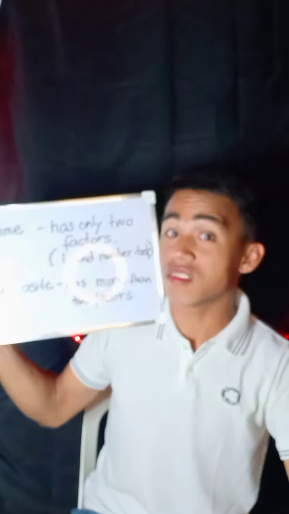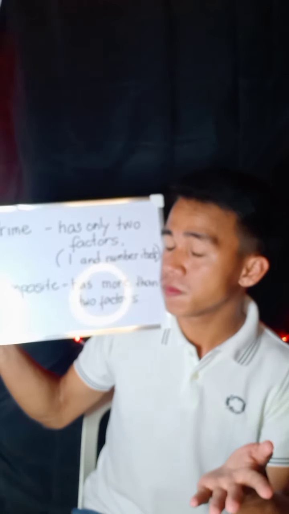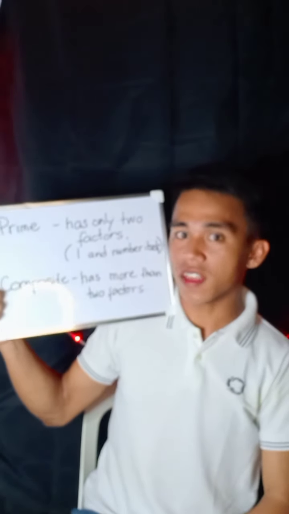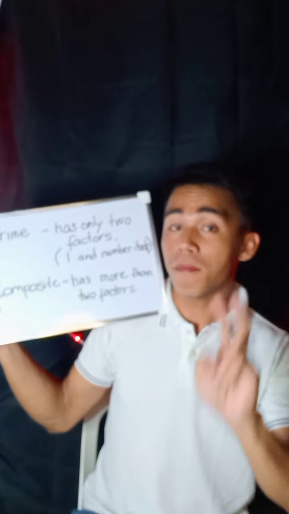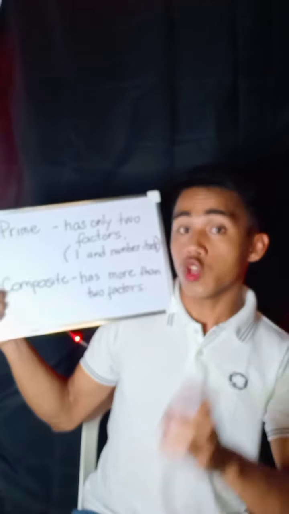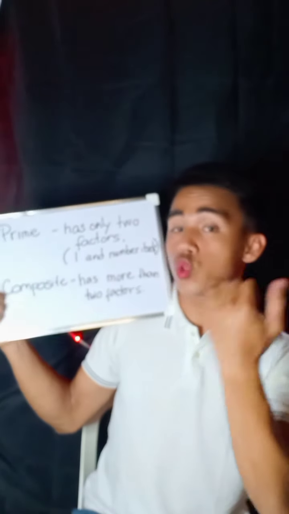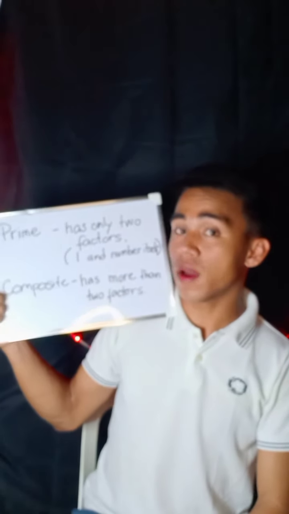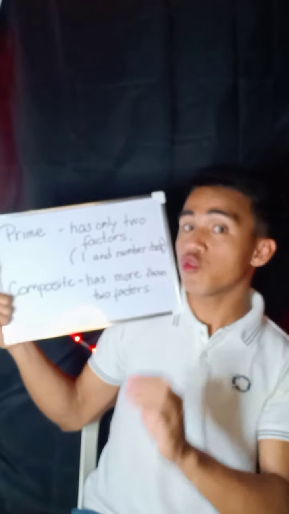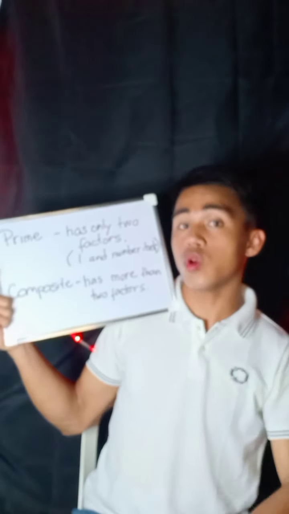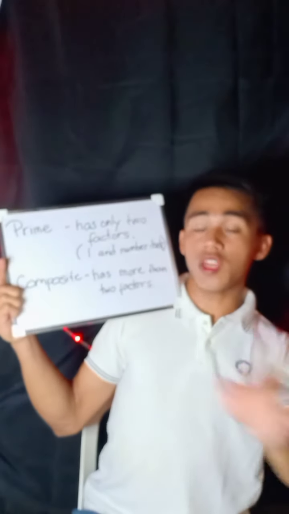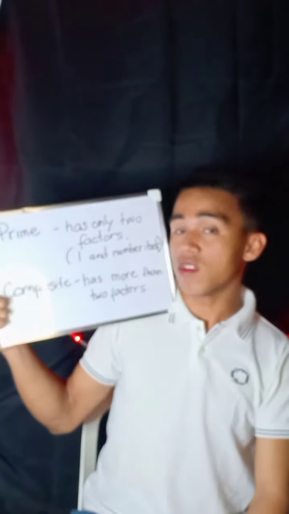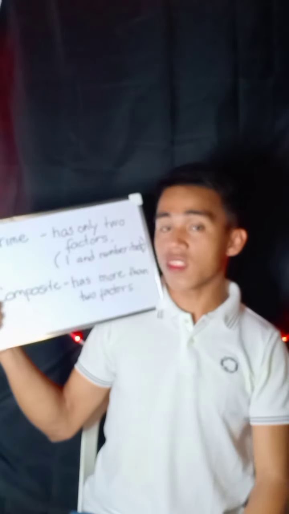By the way, what are factors? Factors are the numbers that you multiply by each other. So two different numbers, maybe 3 and 2, that you can multiply together, either two numbers. So that is a factor.